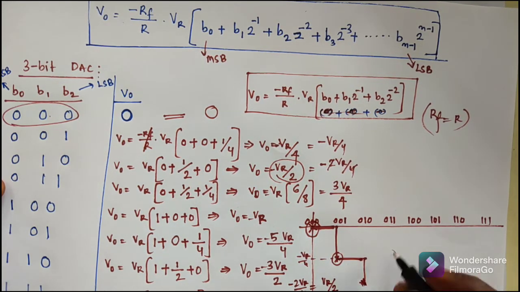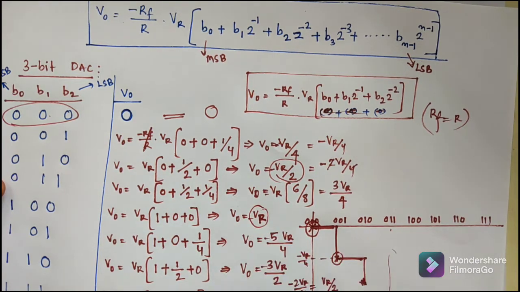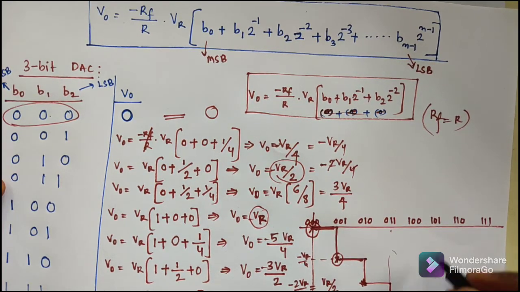Okay. Next for 0 1 1, what is the meaning of this? 3 VR by 4. Next one is 4 VR by 4. 4 cancels, finally you will get VR, or it's a minus VR, like that you can take. Next similarly 5 VR by 4.